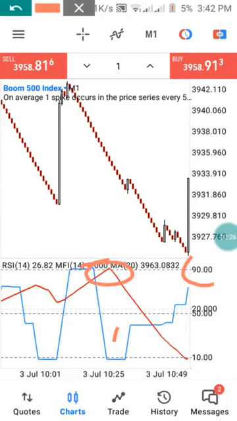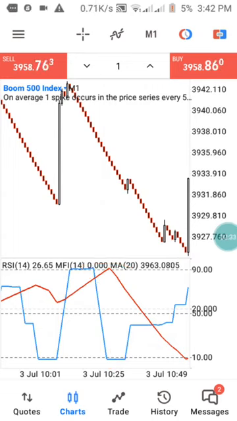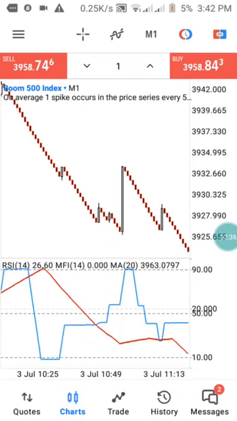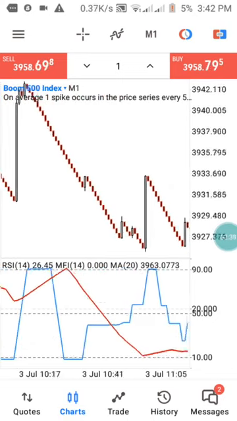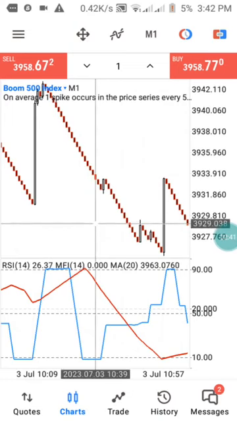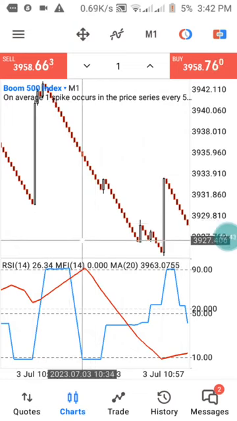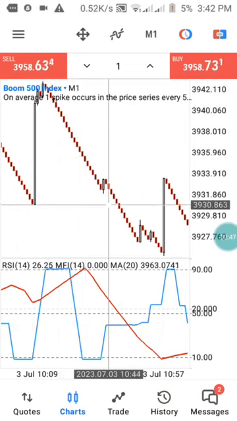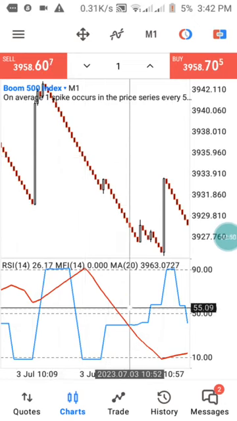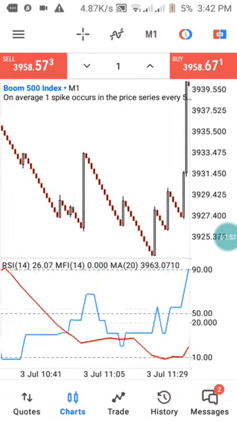You see that the MFI here is moving below the 50 level, which shows that this particular level is accurate for us to take. And you see, if you take this particular trade, you'll be running up your profit from this level to a down level. You see that?